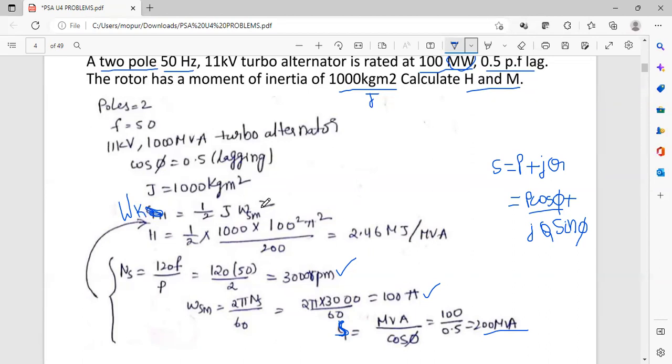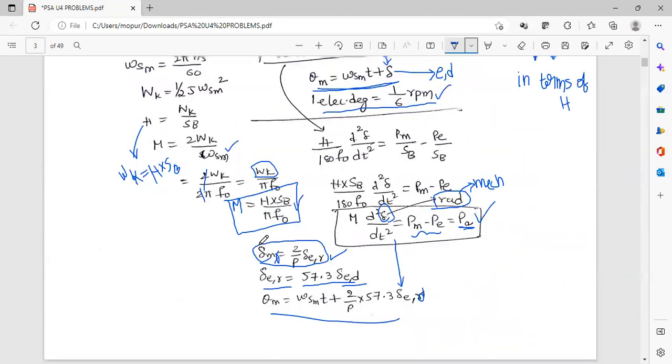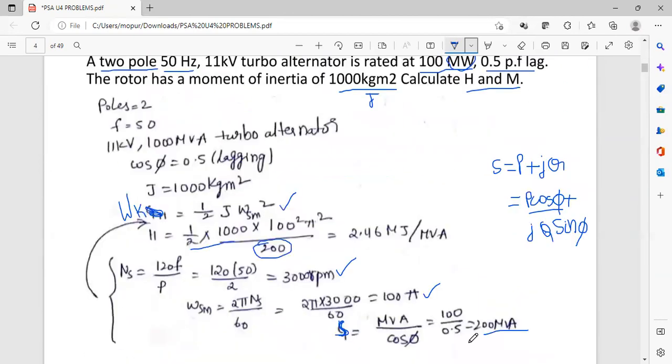You know the value of J, you know the value of omega SM. So you can find the value of WK, and H is equal to WK divided by SB, which is this 200. We calculated SB here, no? So you get the value of H.